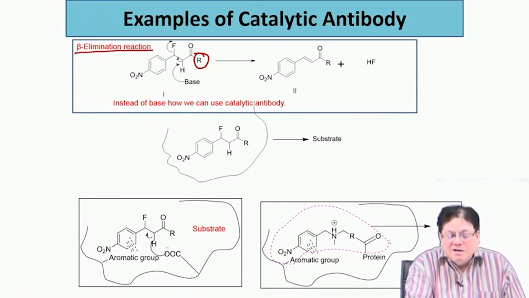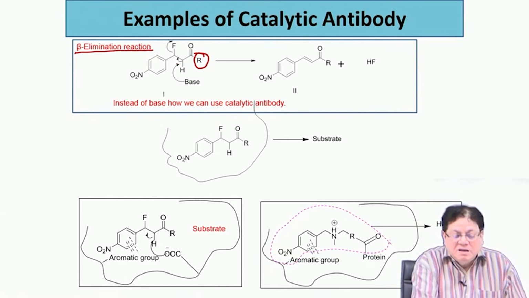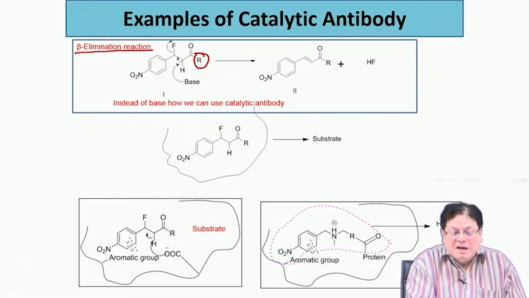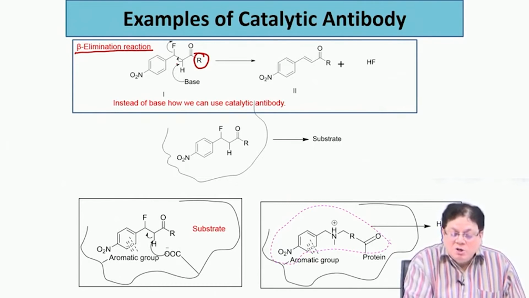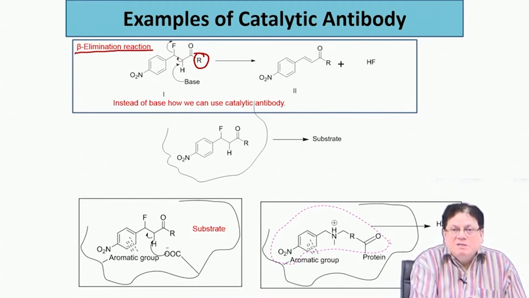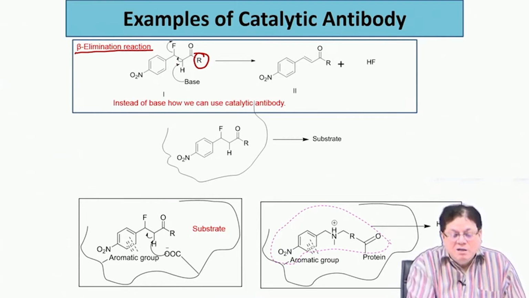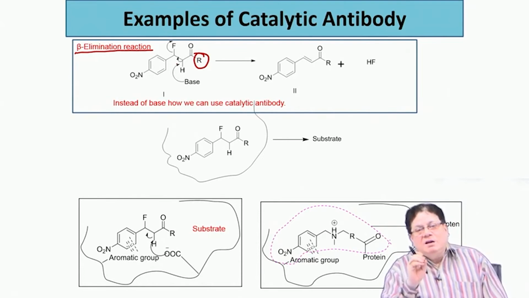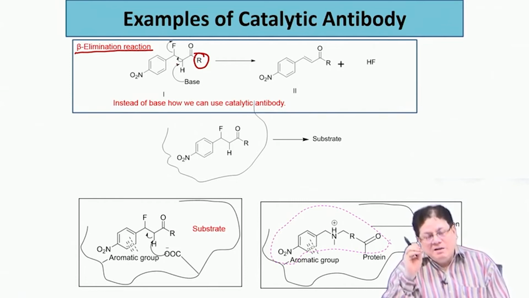Another advantage of a catalytic antibody is that if you can generate a catalytic antibody which will also do this elimination process, that will be very useful, because it will work under very mild conditions. Of course, this is an example where they wanted to have a proof of concept that yes, this is possible: you can generate the particular amino acid responsible for catalysis at the catalytic site, which is the active site.